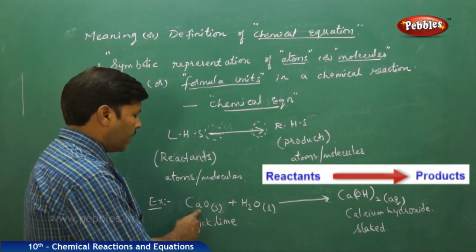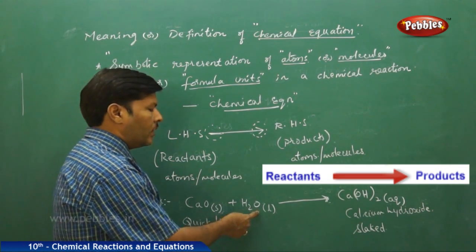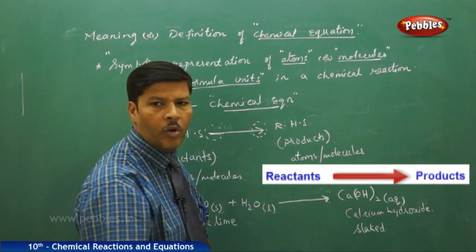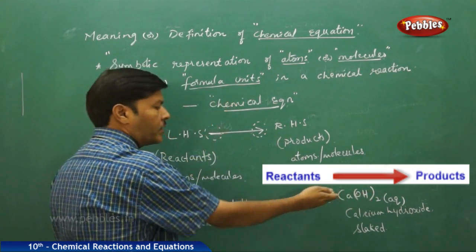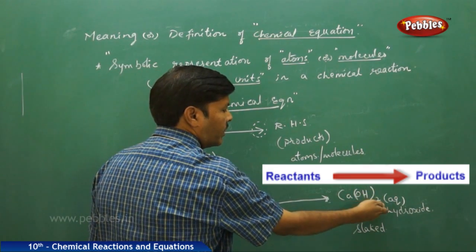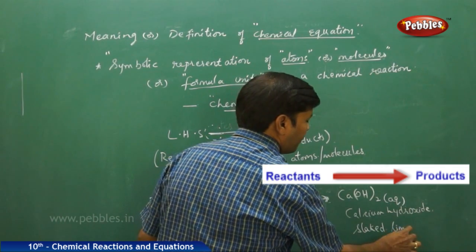So here quicklime is acting as a reactant. It is being dissolved in water, the chemical change takes place and the product is formed: calcium hydroxide, aqueous, Ca(OH)2, also called slaked lime.